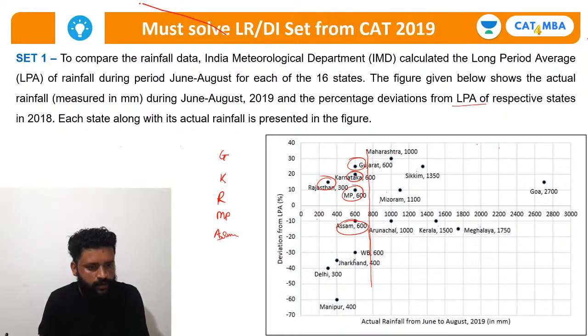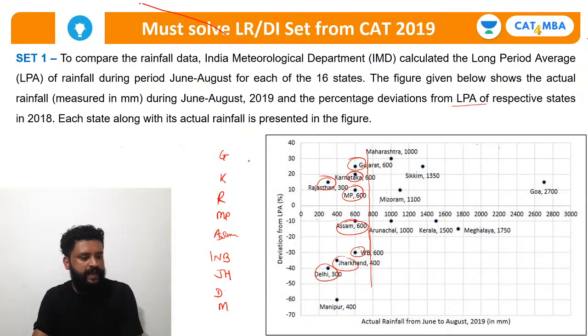After that we have West Bengal, Jharkhand, Delhi, and Manipur. So we have 1, 2, 3, 4, 5, 6, 7, 8, 9. So we have 9 here.